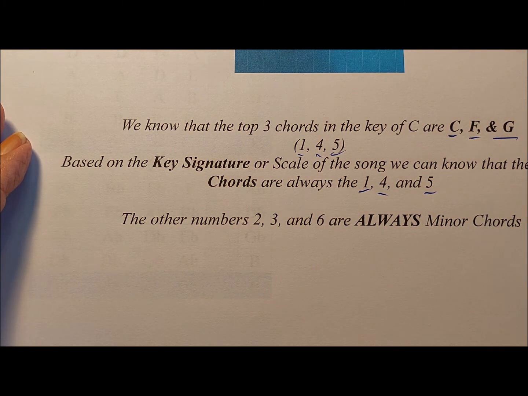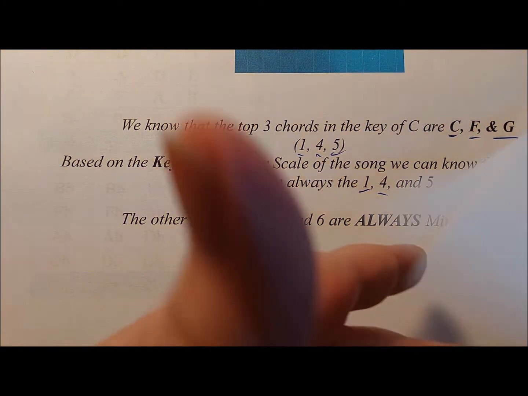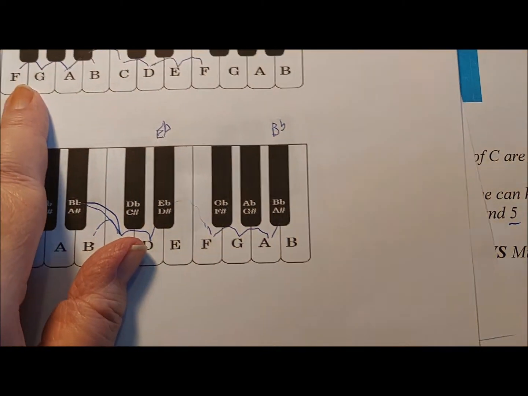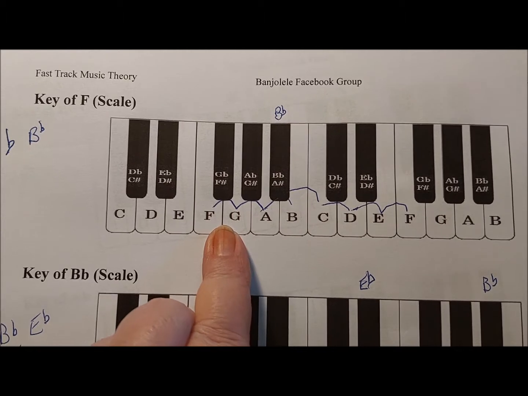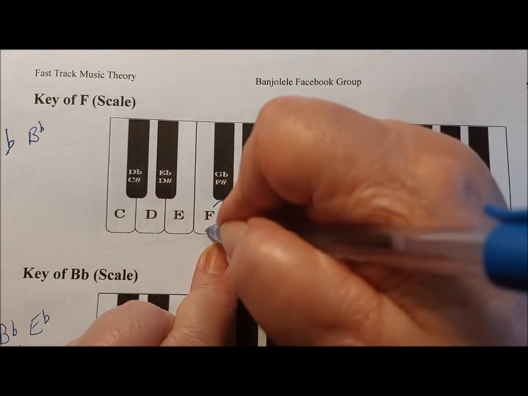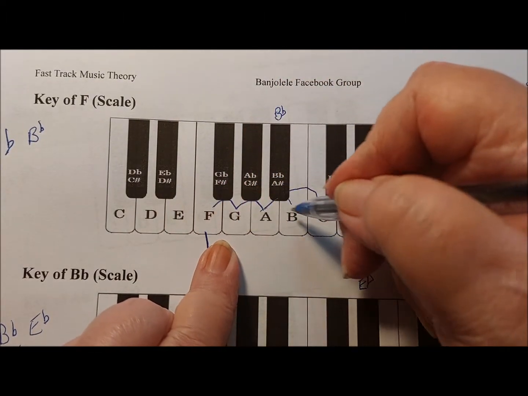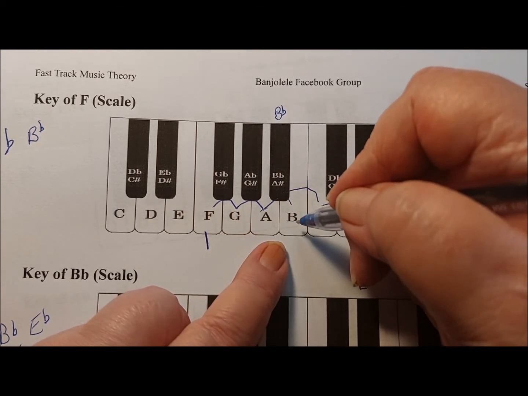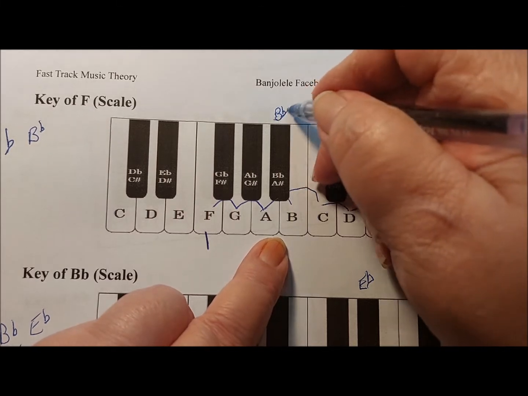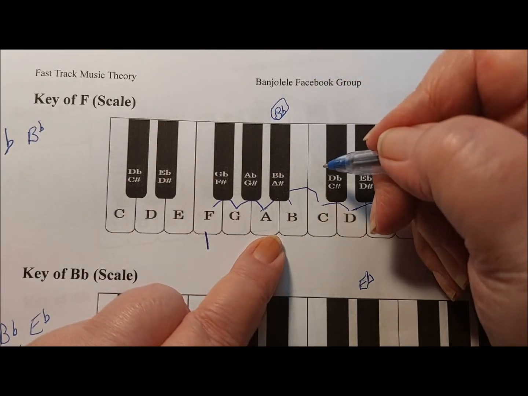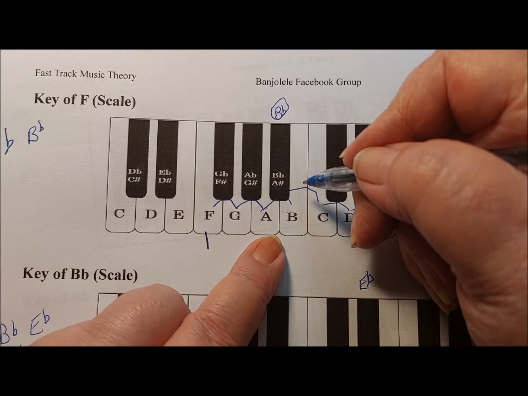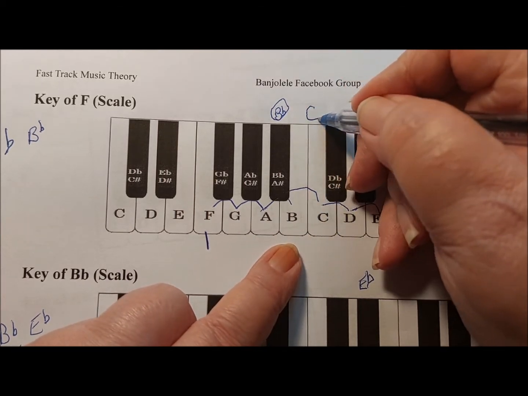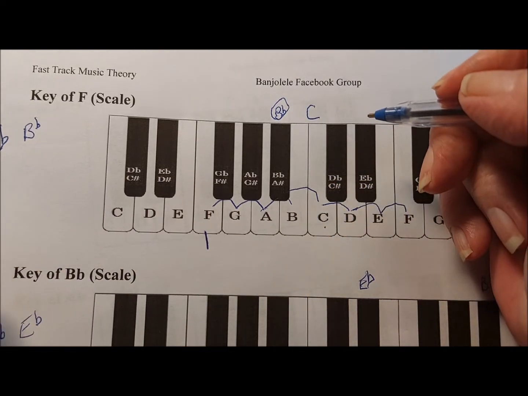So if we go back to our pages, okay, say the key of F? Can you see this? We did this already. In the key of F, this is your 1, 2, B flat is going to be your fourth, and C is going to be your fifth.